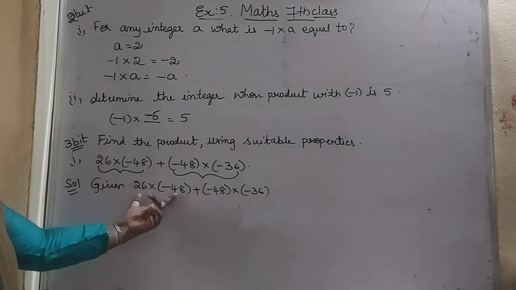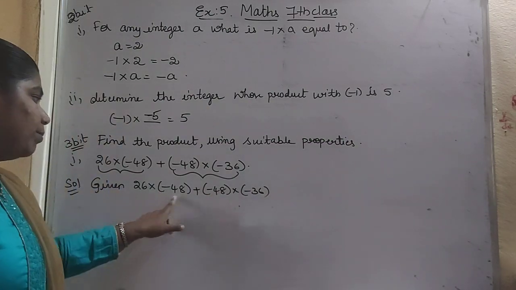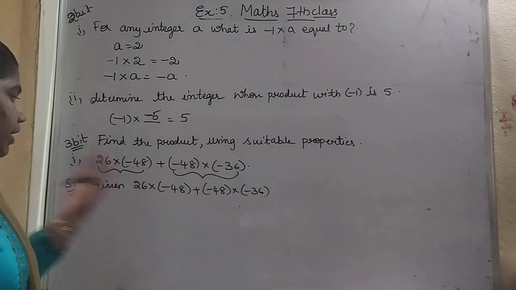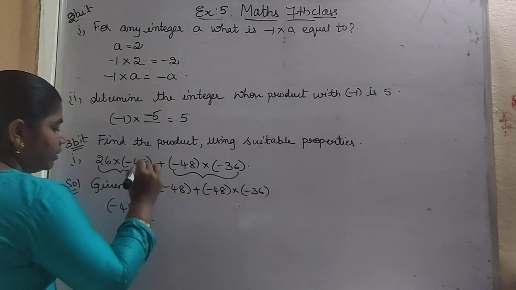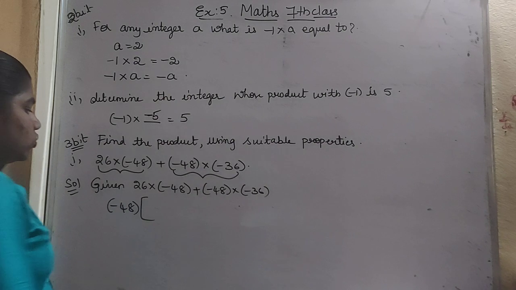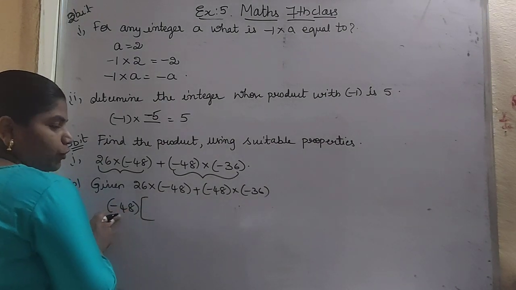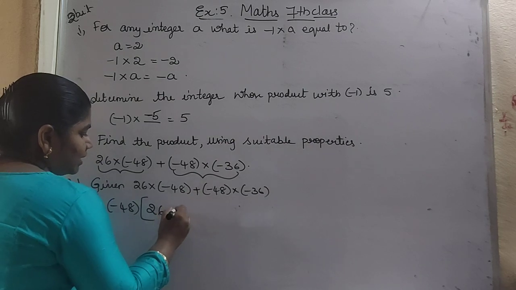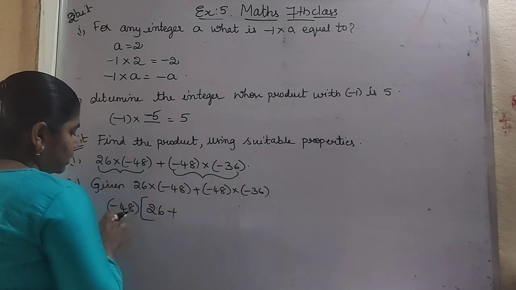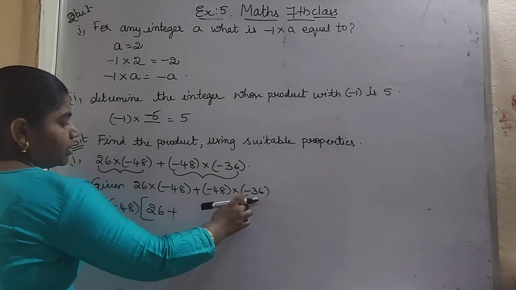Minus 48 is common, so I am taking minus 48 as common here. And the remaining terms we have to write in the bracket. From this I have taken minus 48 outside. What is remaining is 26, plus, and in this term also I have taken minus 48 outside. So what is the remaining number?